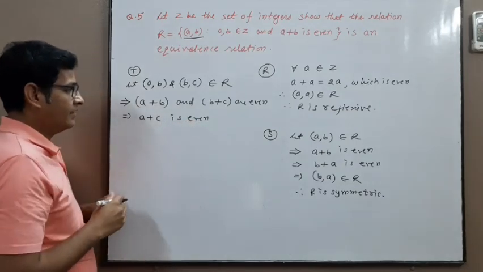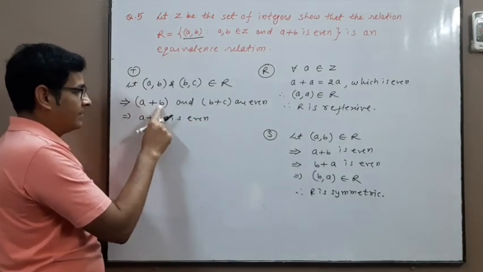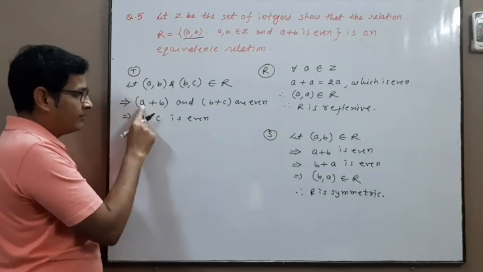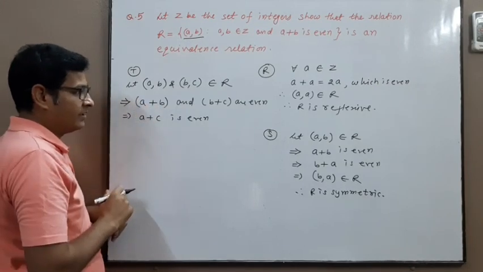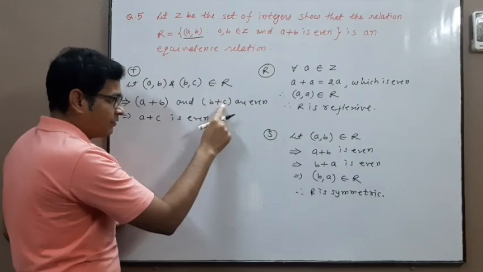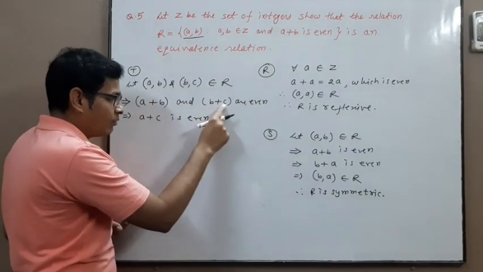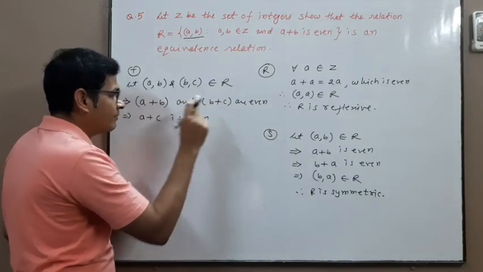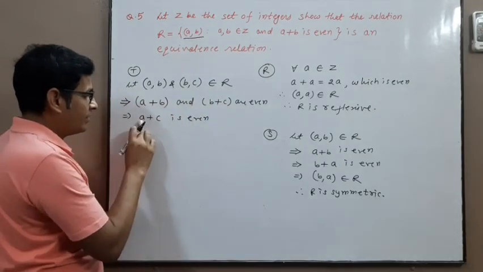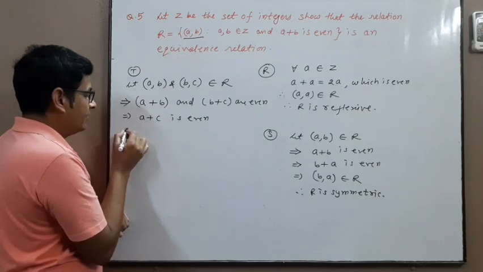Case second: if B is odd, then A is also an odd number because the sum of two odd numbers is an even number. B is odd, then C must be odd because the sum of two odd numbers is even. It means A and C are odd. Again, the sum of two odd numbers is even. So A + C is even.